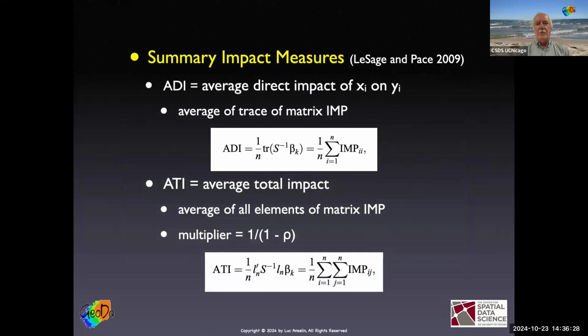And in their book, 2009, LeSage and Pace lay out these summary measures, which are very quick measures of the impact. And you can compute the average direct impact.